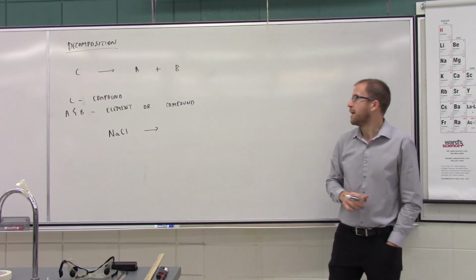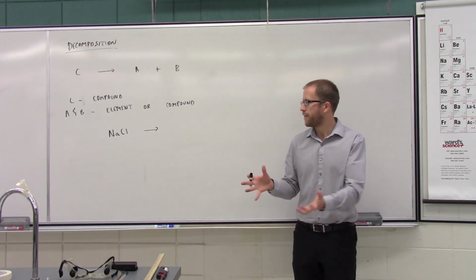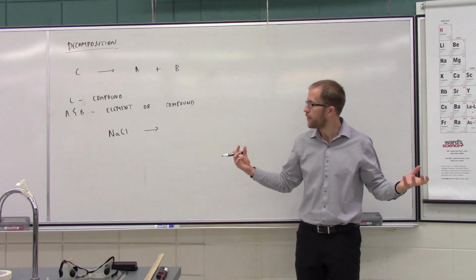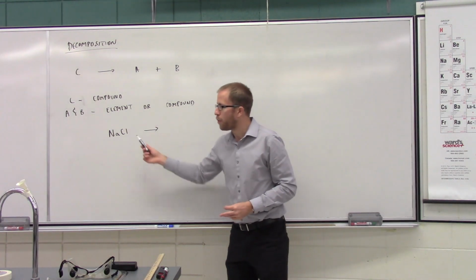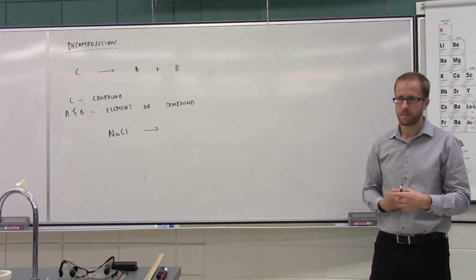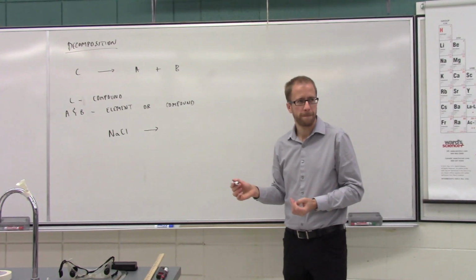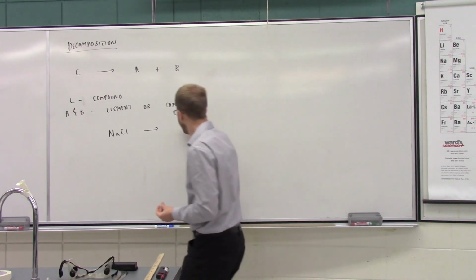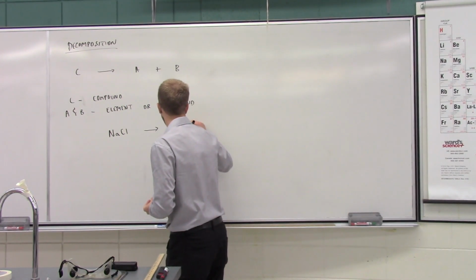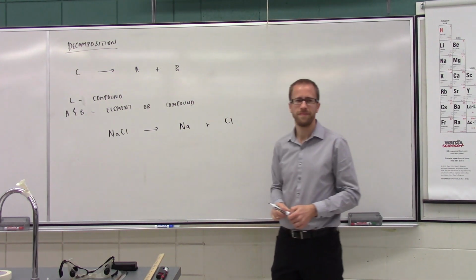It has to be under extreme conditions, very high heat, among other things, usually a catalyst, to separate the sodium and the chlorine. But if we did decompose salt, what would be your products? Splitting it apart, what would it be? Sodium and chlorine. Would that be right?